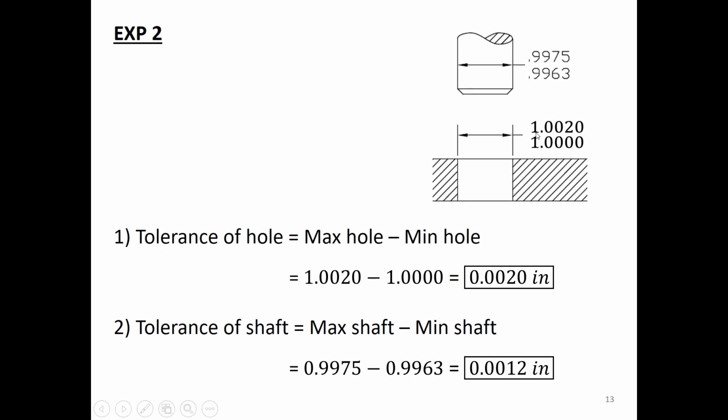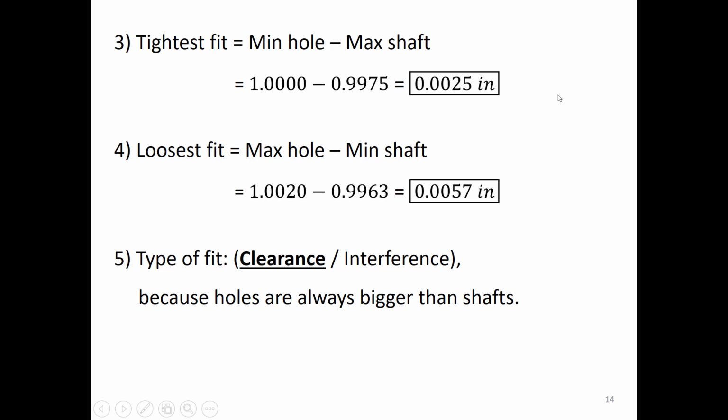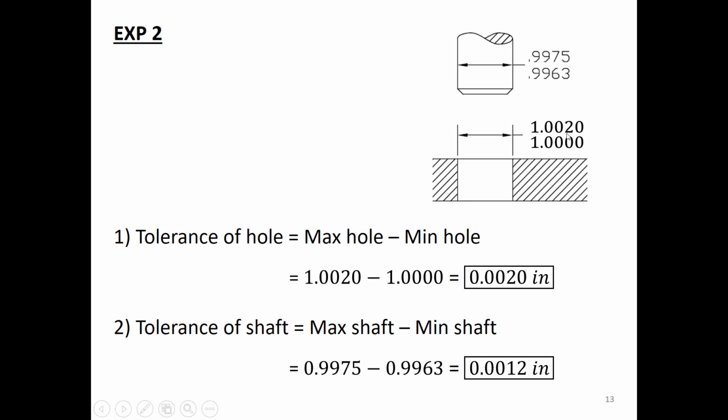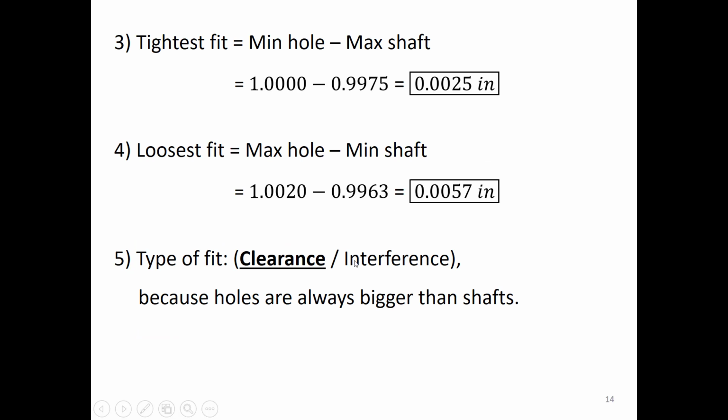So you plug in the numbers: 1.0020 minus 0.9963. The answer is 0.0057 inch. And the type of fit is going to be a clearance one because you have a big hole and a little shaft. So it's a clearance fit because holes are always bigger than the shafts.